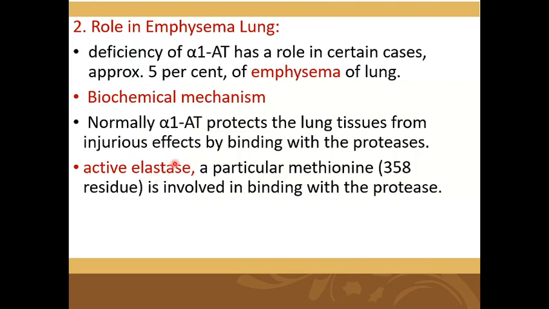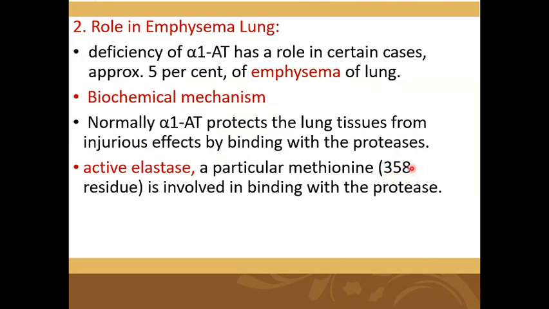Through the methionine which is present at the 358 position, elastase binds with the alpha-1 antitrypsin. Okay? See, which part of active elastase binds with alpha-1 antitrypsin? The 358 methionine, that is the methionine present at the 358 position.